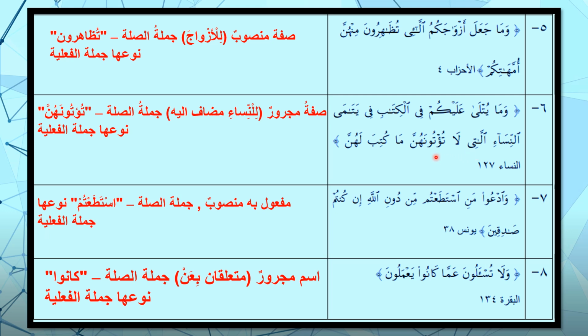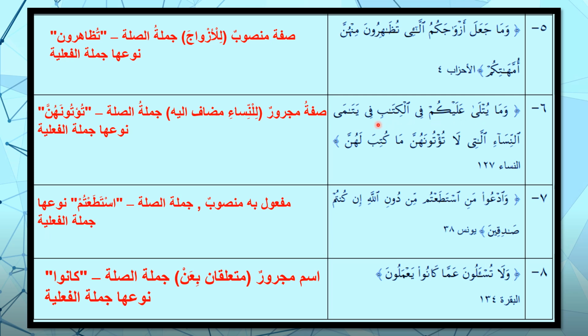La tu'tunahunna ma kutiba lahunna. Tu means ata, to come. They did not come with the rulings that were written for them. So wama yutla, fail, and file is hidden in it.